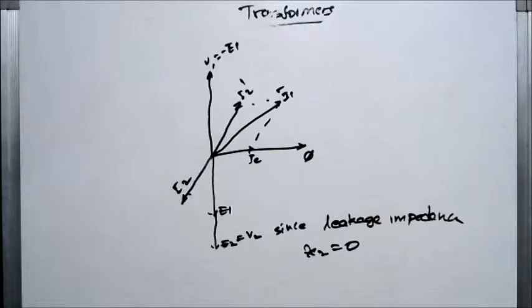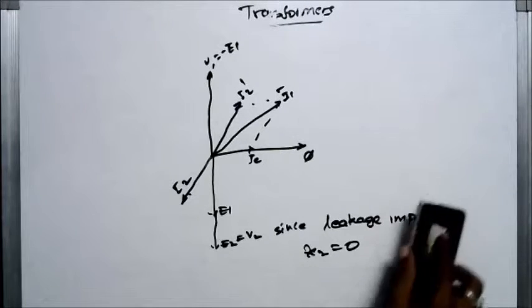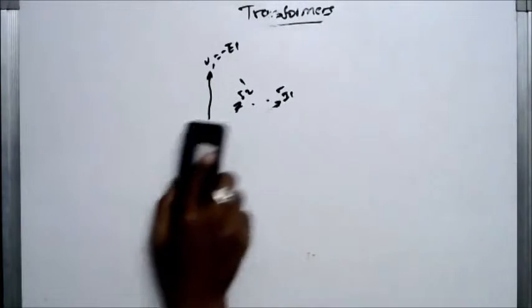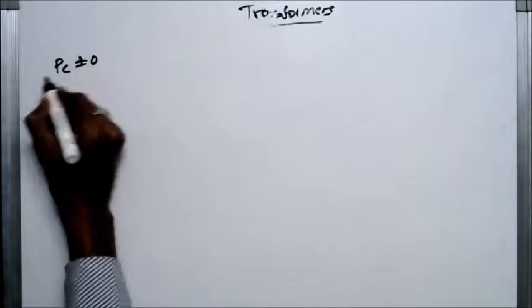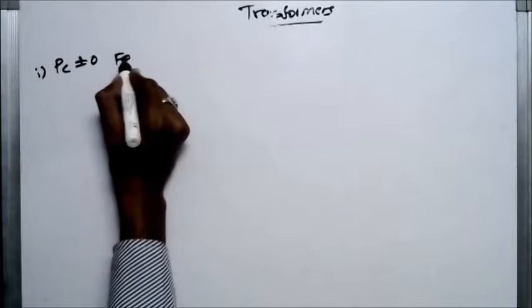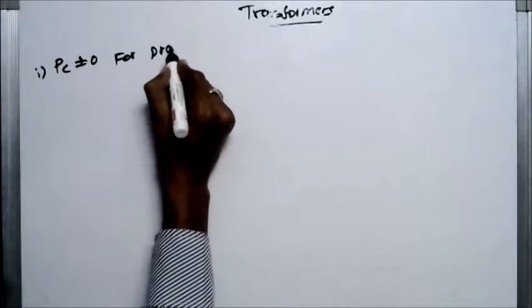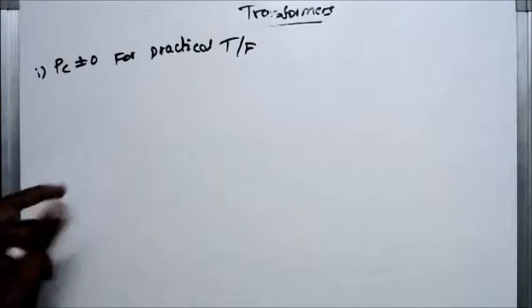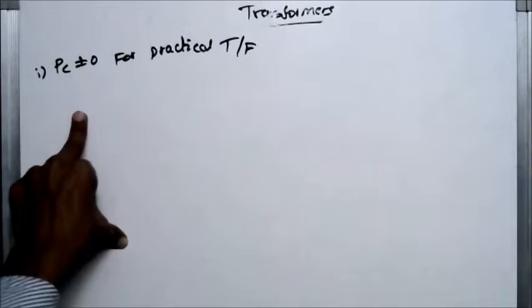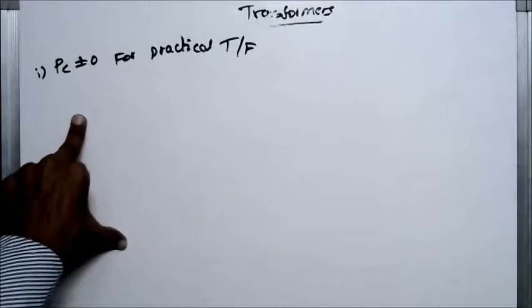Okay, now we will introduce the non-linearities or non-idealities of the transformer one by one. Here, first we have assumed that the core loss in the transformer is equal to 0. PC is not equal to 0 for a practical transformer. How? In a practical transformer, there are two losses.